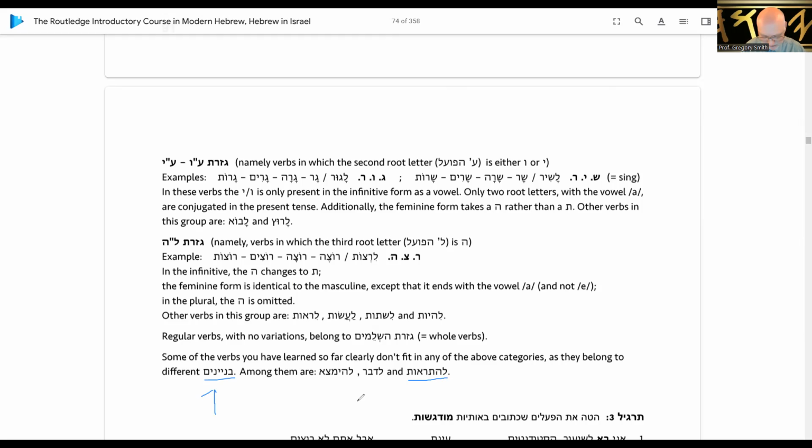Now look at this one here. Lehimatsa. Nope, that's not it. That's not it either. Okay, let's take a look at this here. להימצא.